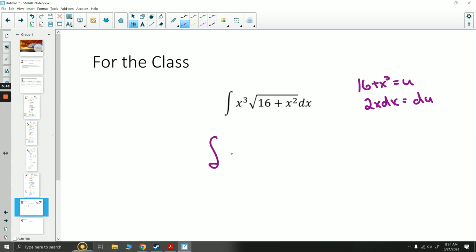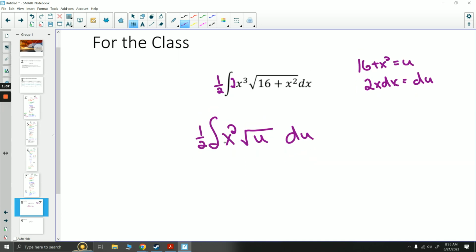So this is the integral of, so one of our x's, we're going to put a 2 in and pull a 1/2 out. So we have 1/2 times the integral. So 2x dx becomes our du. We have an x squared left behind, and then we have the square root of u.